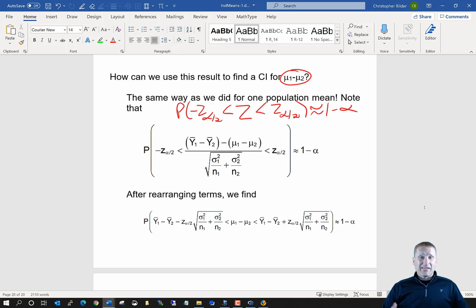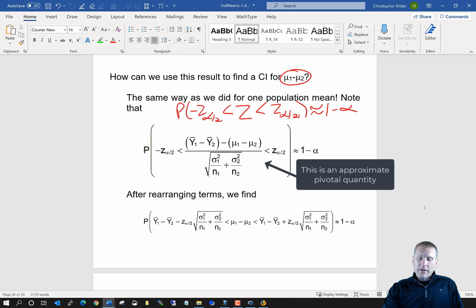We can do essentially the exact same thing here. Again, we make just the corresponding substitutions. And so what we have in this probability, because we're dealing with random variables y bar 1 and y bar 2, we can talk about probabilities. This probability, when you choose the corresponding quantiles from a standard normal, has an approximate probability of 1 minus alpha.